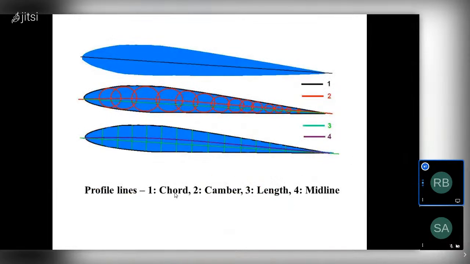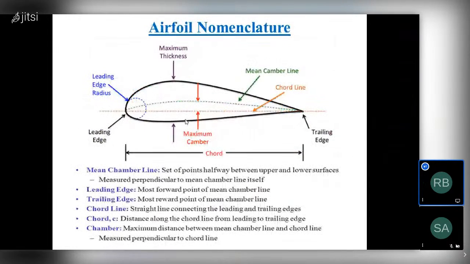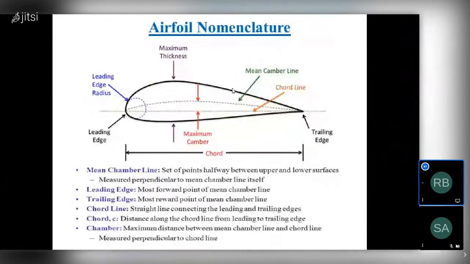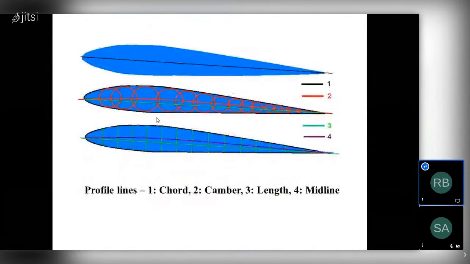Based on this, I even showed this while designing our NACA 2421 aerofoil. So of the profile lines, the first one is the chord, the second is the camber, the third is the length, and the fourth one is the midline.